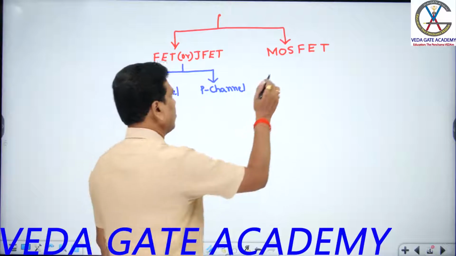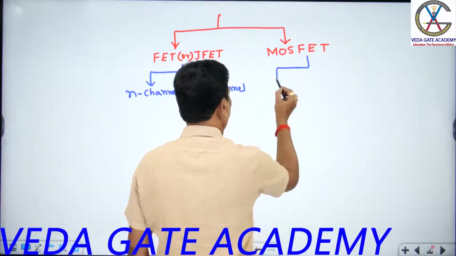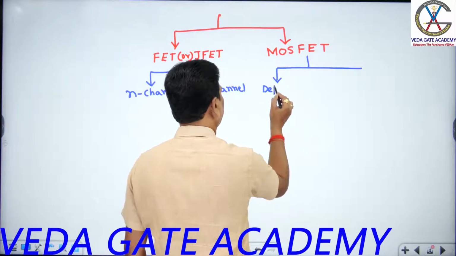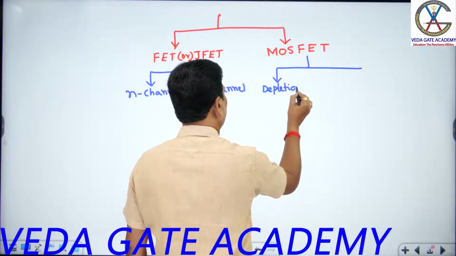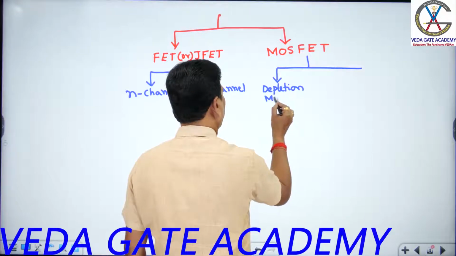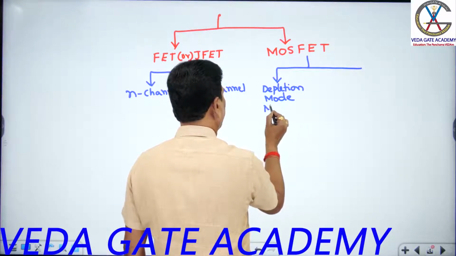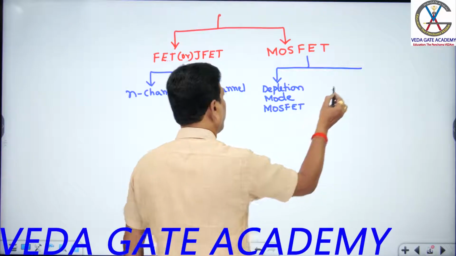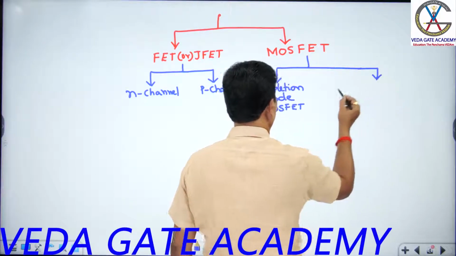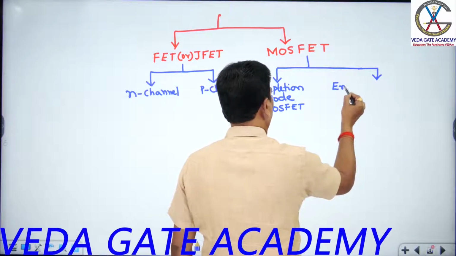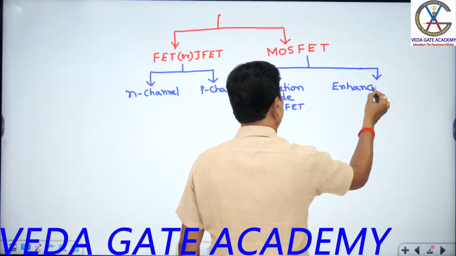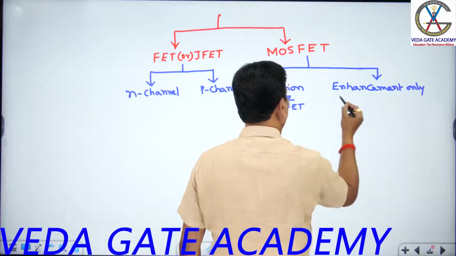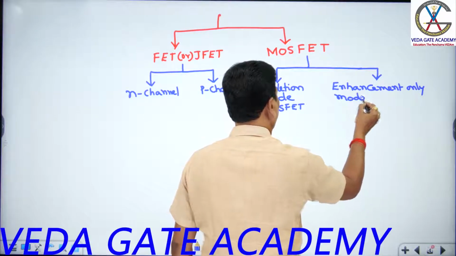So here also you can find two types of things. One is depletion mode MOSFET, students. The other one is enhancement only mode MOSFET, you can call.